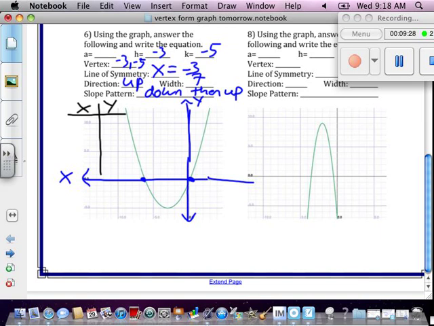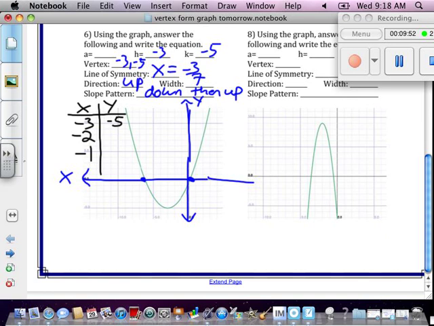All right. So we've got x and y, and we're going to start with our vertex. I'm going to look at -2 and -1. At -2, it's approximately 4.5.